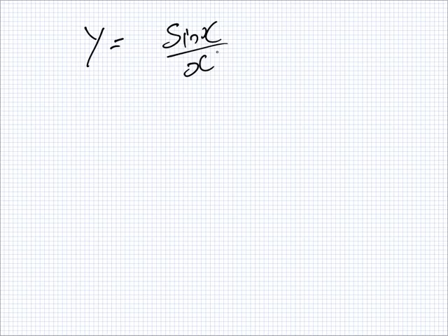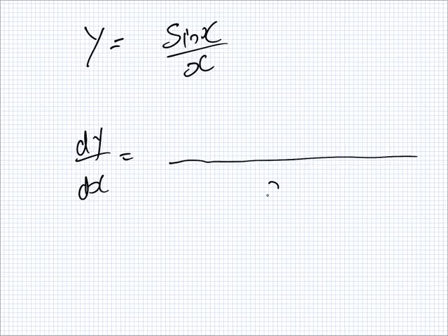Okay, got an answer here? Yeah? So, the answer is the bottom squared, the bottom times derivative of the top minus the top times derivative of the bottom, which is just 1, so that's the answer. That's it? Yeah?